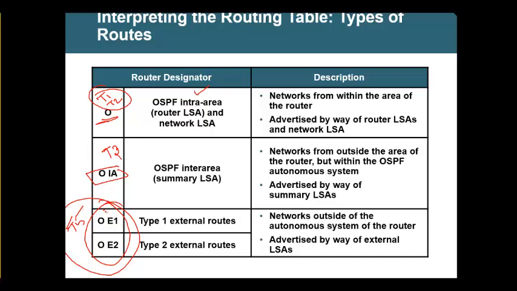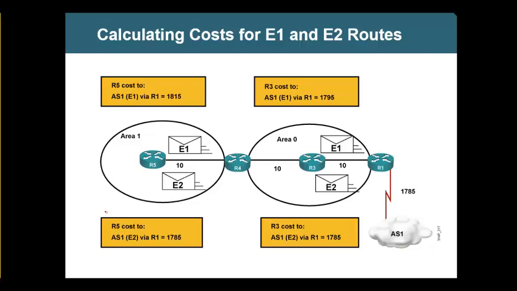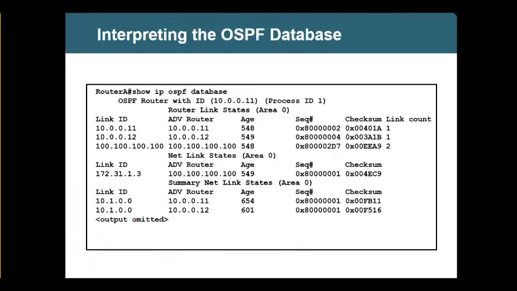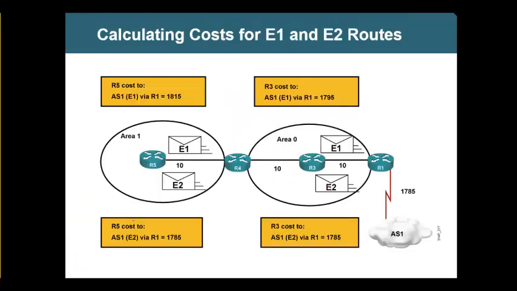Right. So what is the difference between E1 and E2? By default, E2 means the path cost is not calculated. See here, for example, this is EIGRP. This is OSPF.